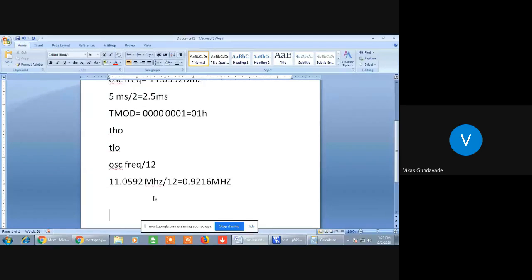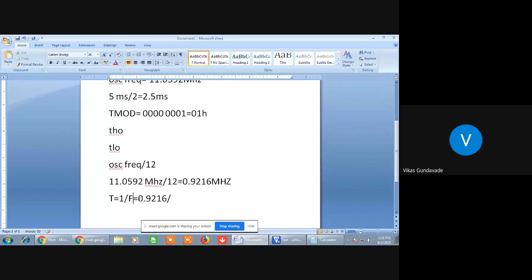Now this frequency we will convert into time. So time T is equal to 1 divided by the frequency, right?